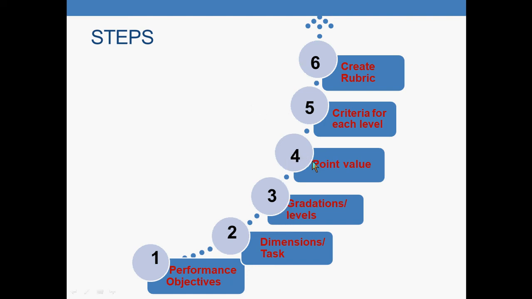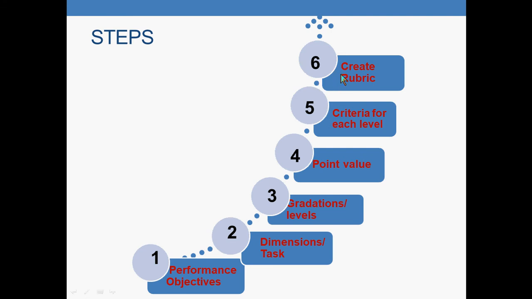To each gradation or levels, the fourth step is to give a point value. 1, 2, 3. If there are 5 gradations, 5 point values. To each point value, you can describe the criteria for each level, what that point value means in that particular evaluation or assessment of that criteria.